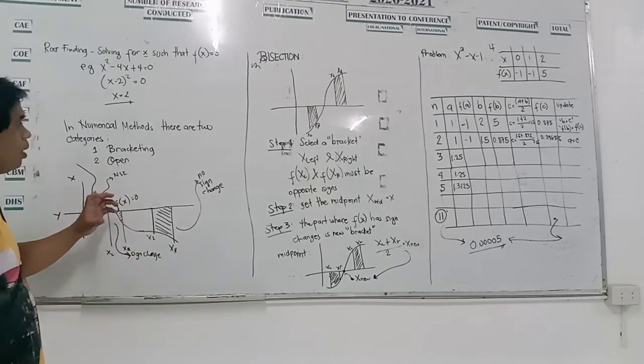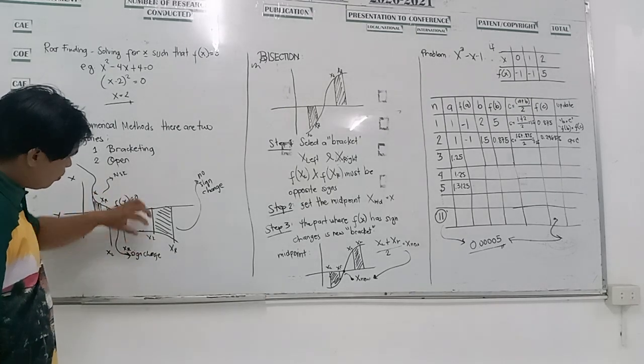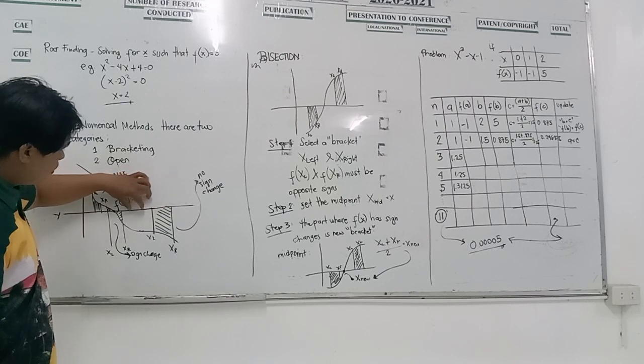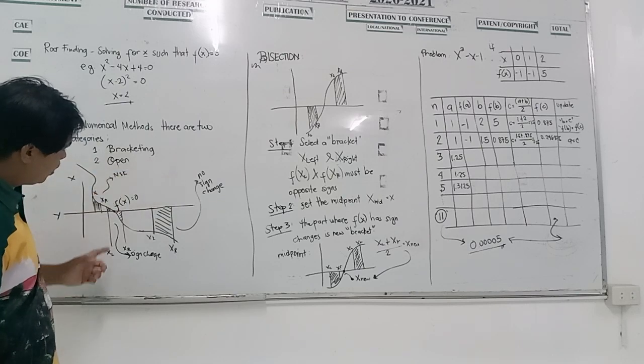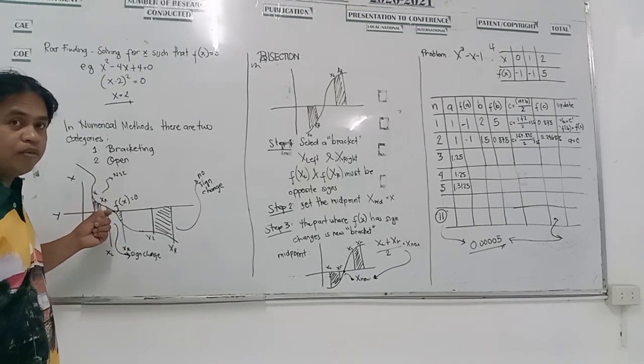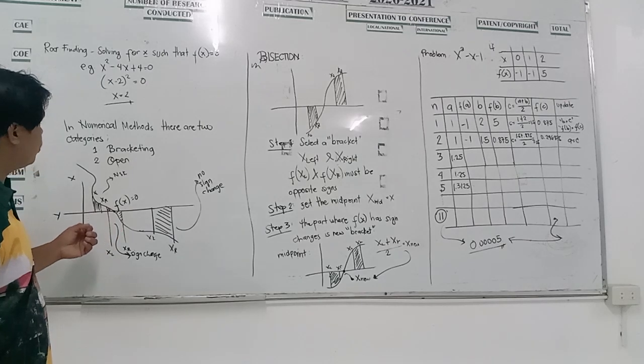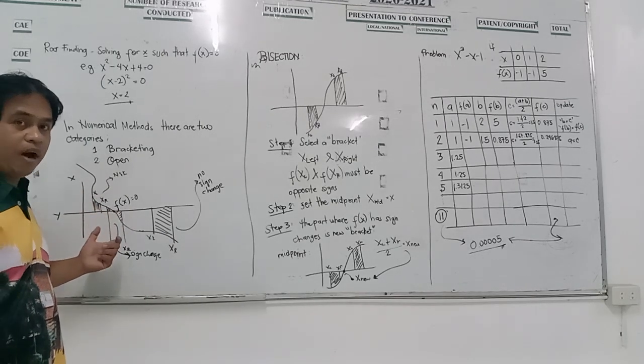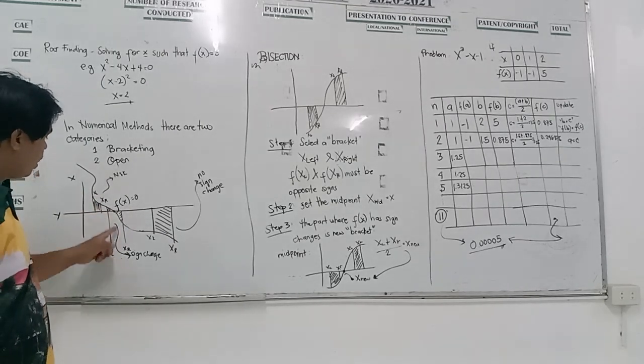So, what we will be doing in bracketing is, we bracket one by one, we get another bracket here, we get another bracket here, until we can arrive on a certain bracket na nandun yung ating root ng ating function. So, doon na tayo nagkakaroon ng sign change.